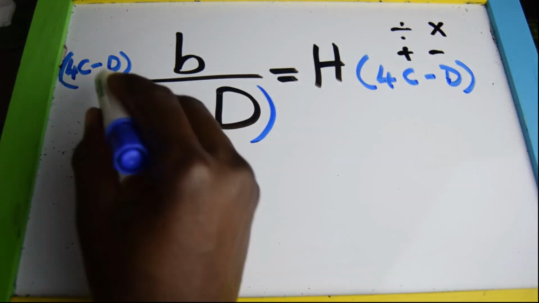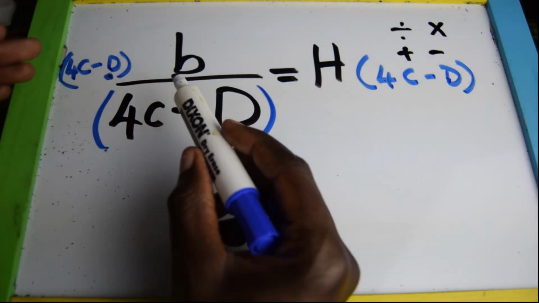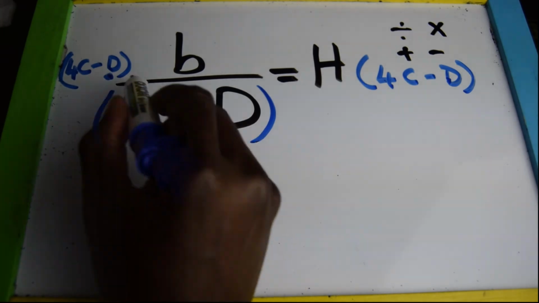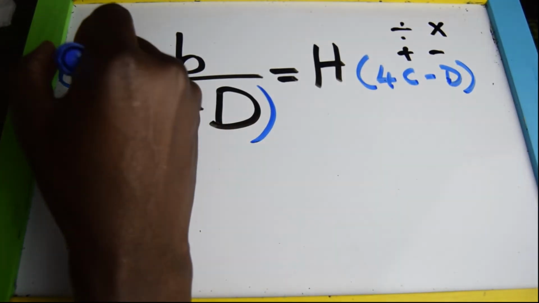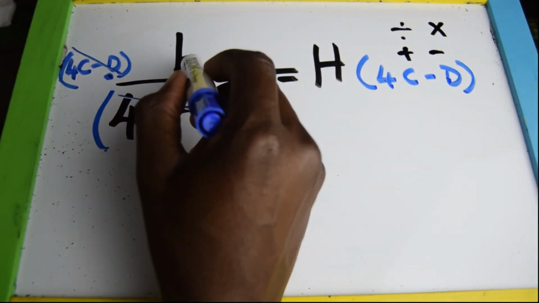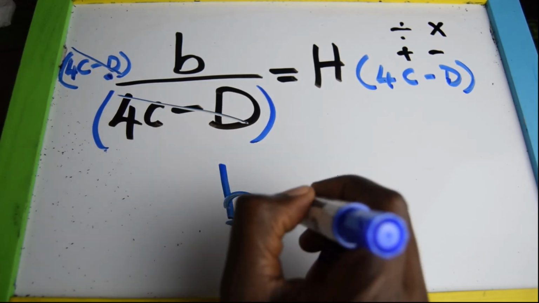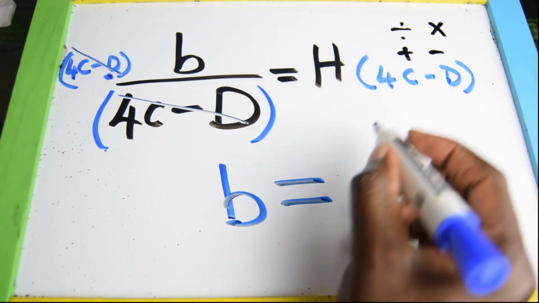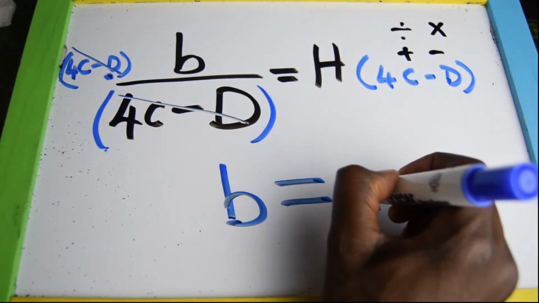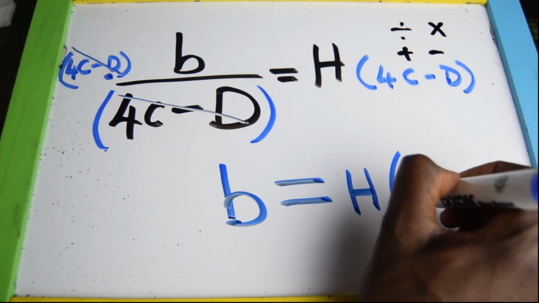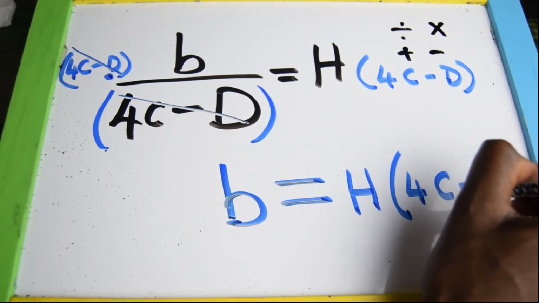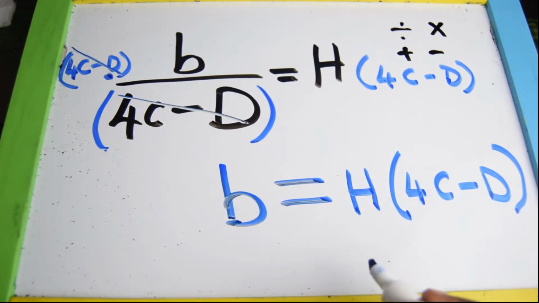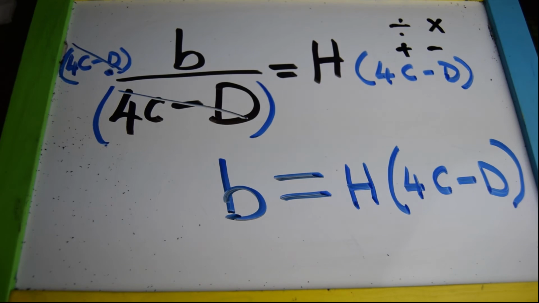The reason I'm multiplying is so that I can quickly cancel out this and that, and I remain with b by itself. And that's what I want. b equal, now h multiplies this. You can put it like that, h and 4c minus d. There you go. That is good enough.